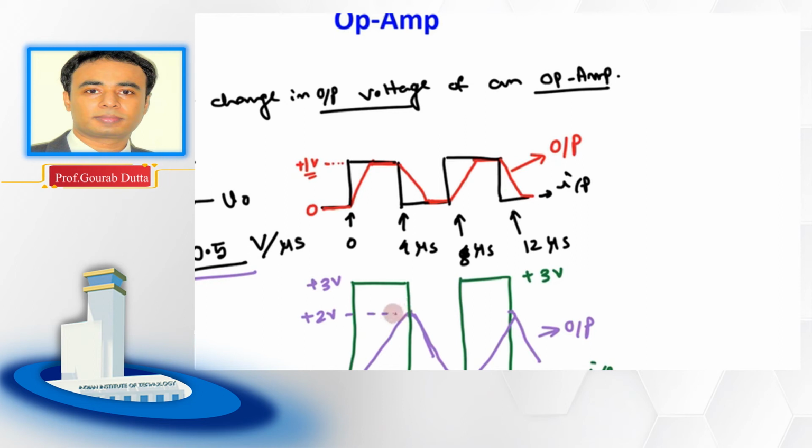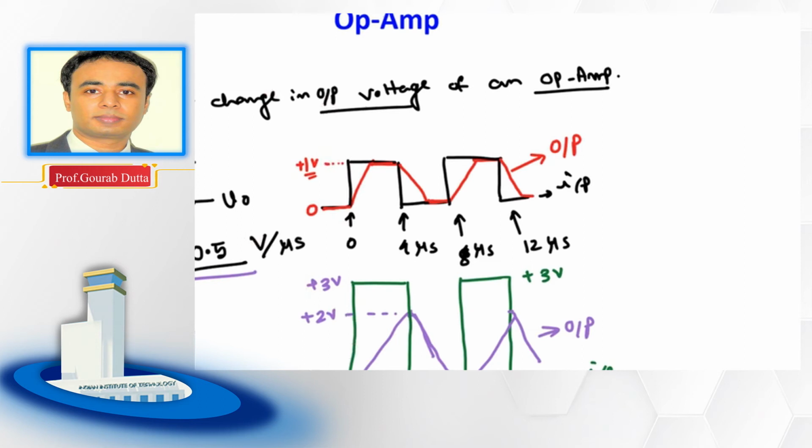So here you can see that the output waveform really is not able to reach the input voltage that is been provided to this voltage follower, right? So that way you can clearly see that the output is actually getting distorted, right?